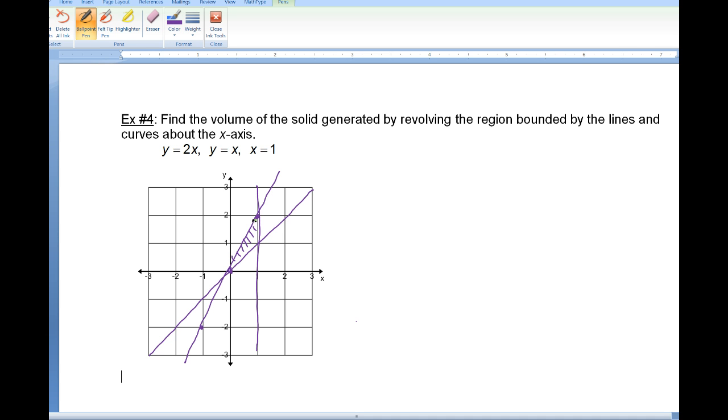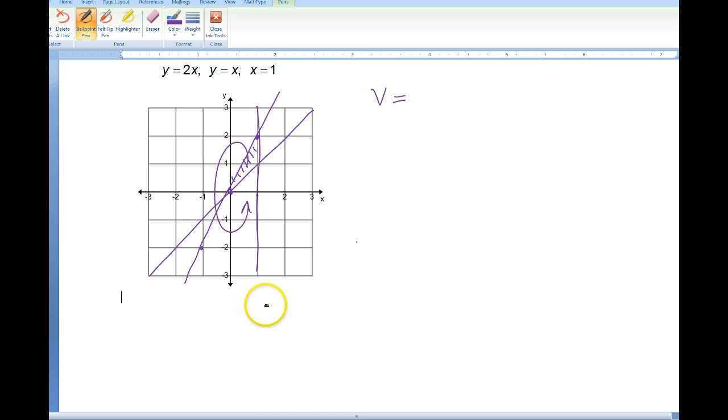Okay, so imagine that we want to take this region and rotate it about the x-axis. So what is going to be the outside, or big R? So what's the outside part?